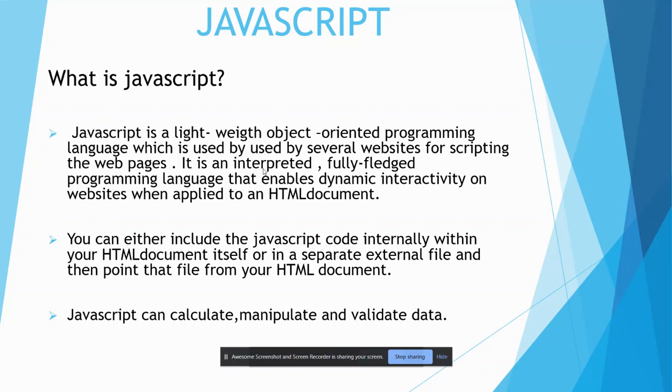Internally, it is just written inside the script tag, which can be included in the head, the body, or in both of them. A single web page can have any number of JavaScript codes. When it comes to external linkage, we can write JavaScript code in a separate external file with the .js extension, and directly we can link that file to the HTML document.